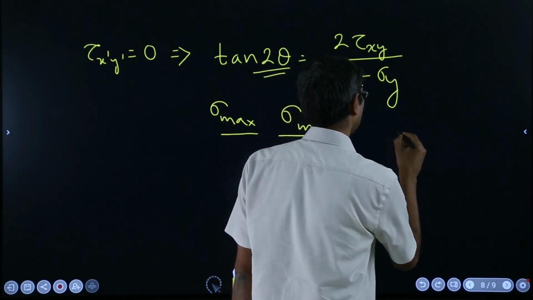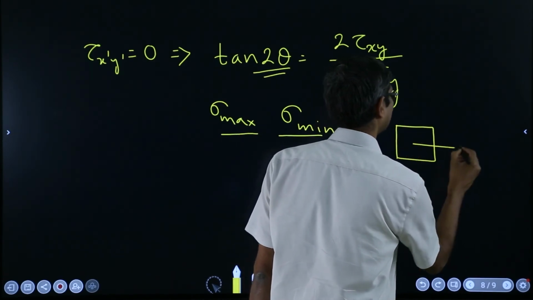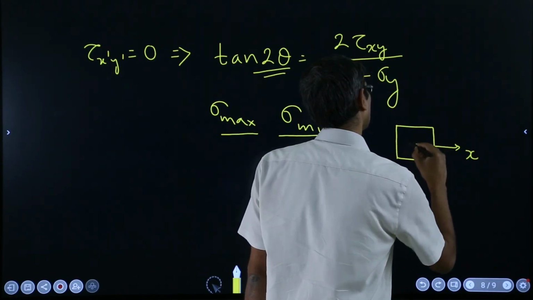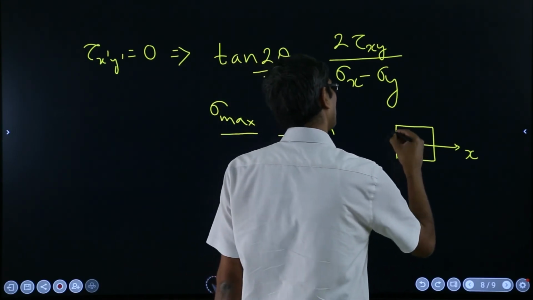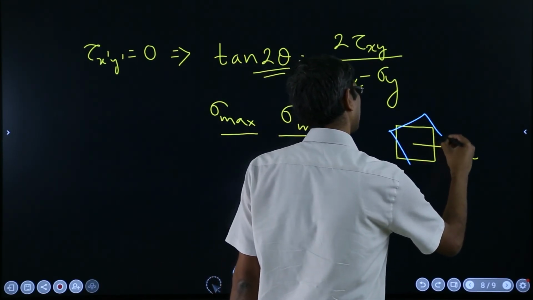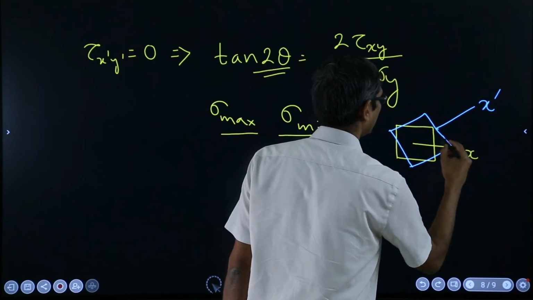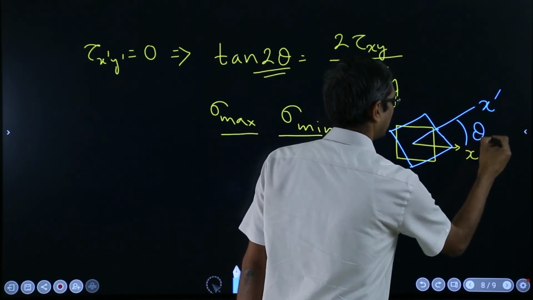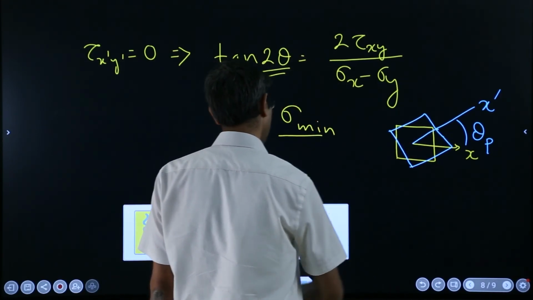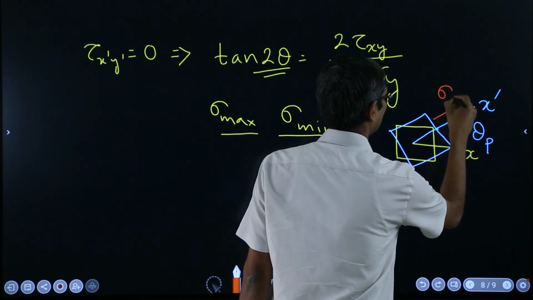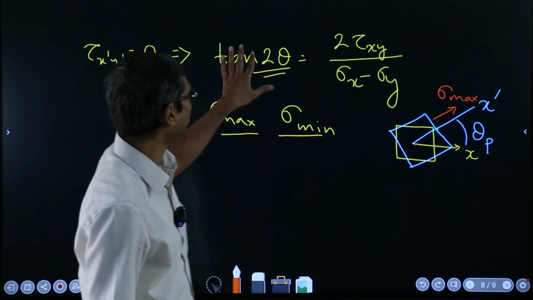Or if I want to draw a picture, say here was the x axis, and now you have rotated this square by some angle theta to get x prime, and this angle theta is this, and on that I'll put that it's the sigma max, okay. So that's the meaning of this equation.